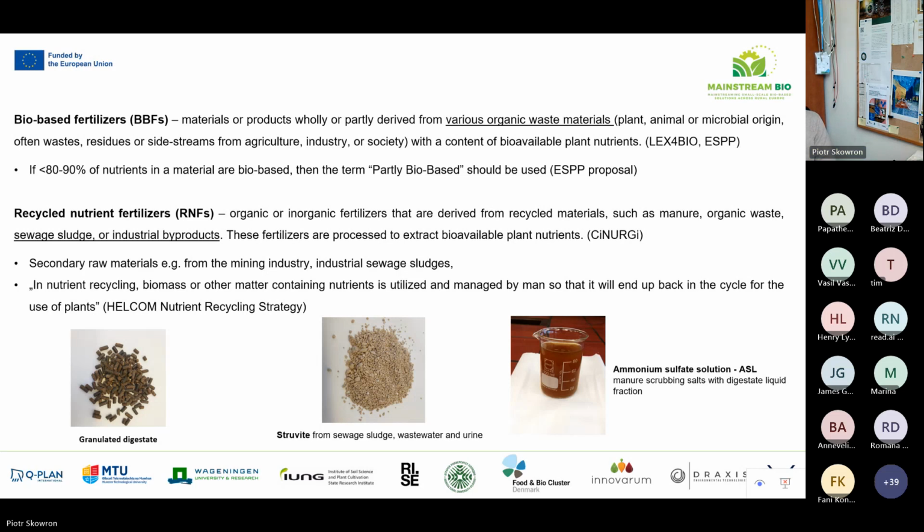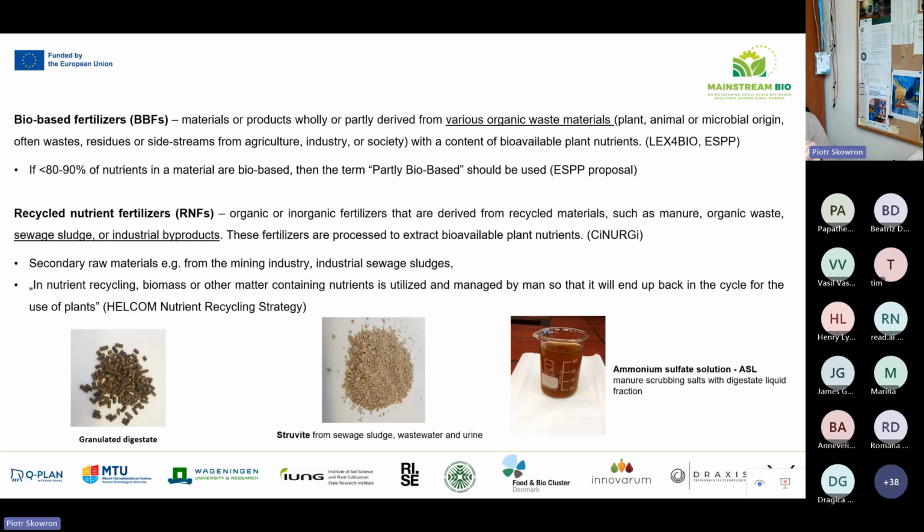For bio-based fertilizers, for example, we have granulated digestate and ammonium sulfate solution, which fit the definition of bio-based fertilizers.